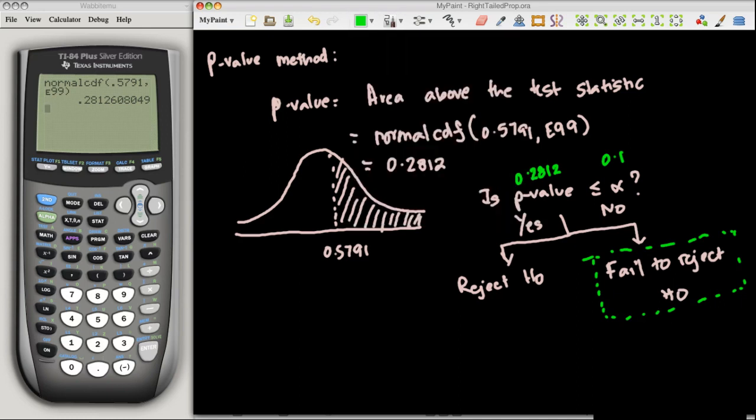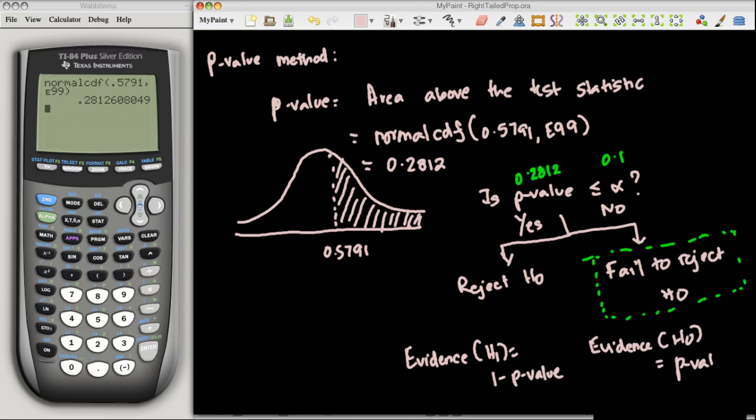One of the interpretations of the p-value is that we have evidence. The probabilistic evidence toward the alternative is 1 minus p-value, and the evidence toward the null is the p-value itself. So the p-value here is 0.2812.